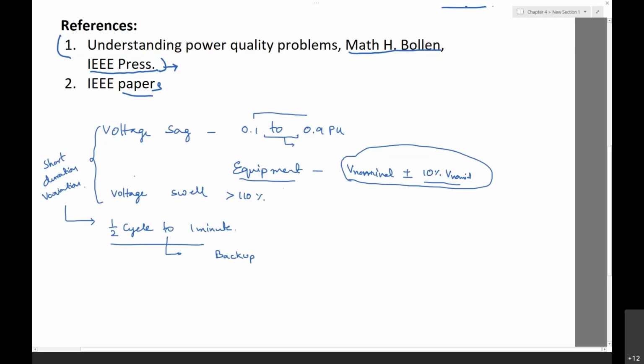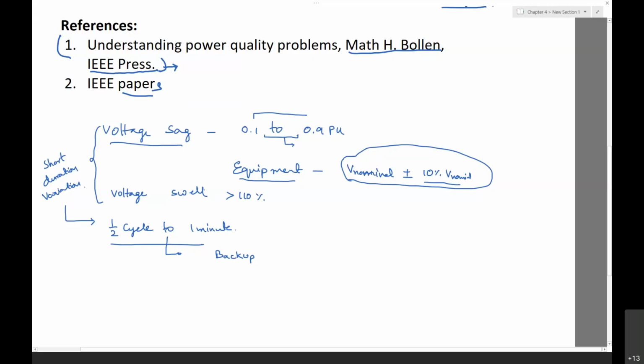If you want to study each individual load's performance with respect to voltage sag and swell, it may depend on the internal structure or internal design of the equipment.